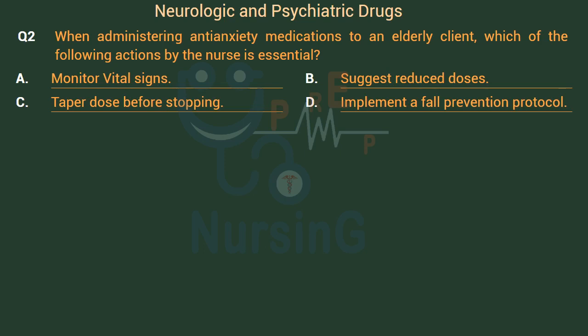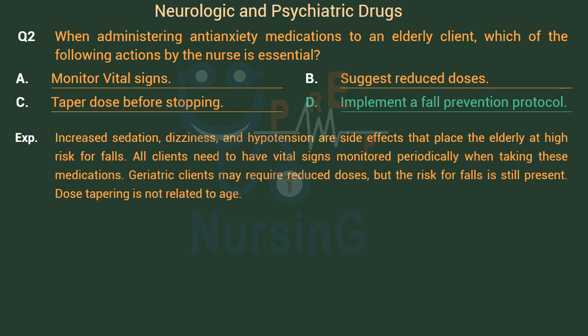Right answer is option D. Implement a fall prevention protocol. Increased sedation, dizziness, and hypotension are side effects that place the elderly at high risk for falls. All clients need to have vital signs monitored periodically when taking these medications. Geriatric clients may require reduced doses, but the risk for falls is still present. Dose tapering is not related to age.